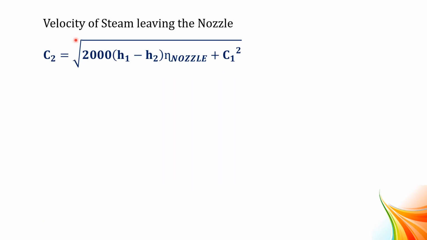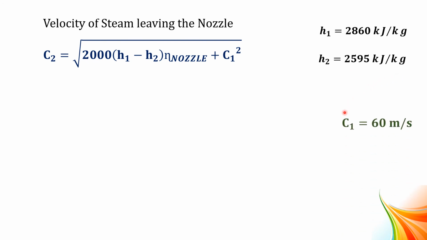So we know the formula for velocity of steam leaving the nozzle, C2 equal to square root of 2000 into (H1 minus H2) eta nozzle plus C1 square. H1 and H2 values are obtained from the Mollier diagram. H1 equal to 2860 kilojoule per kilogram and H2 equal to 2595 kilojoule per kilogram.